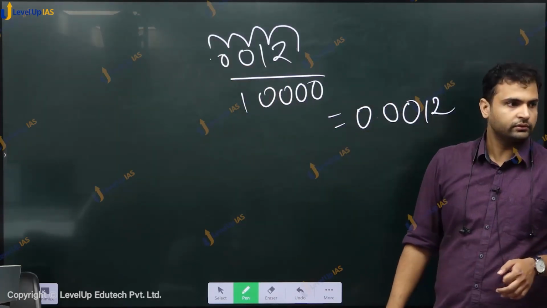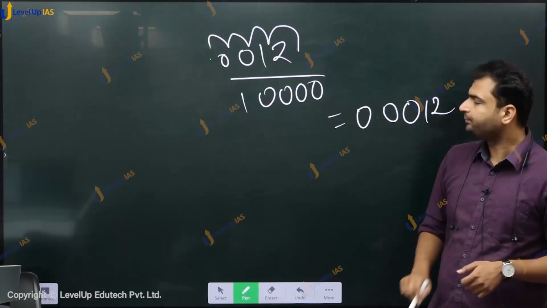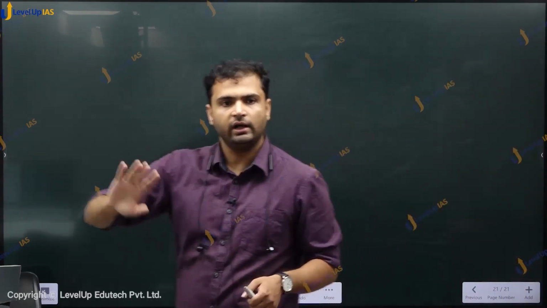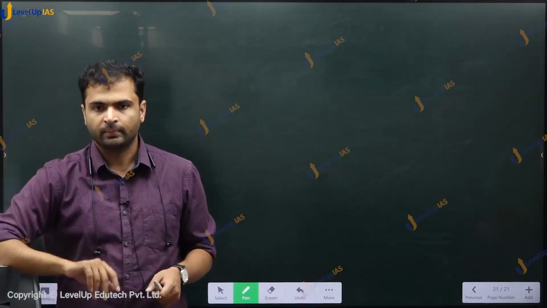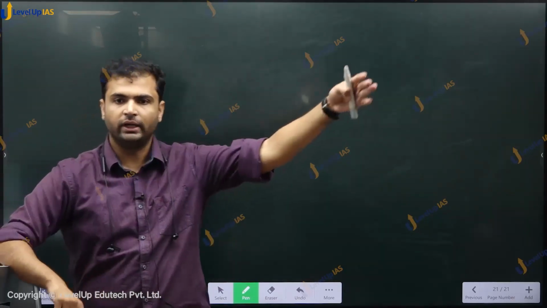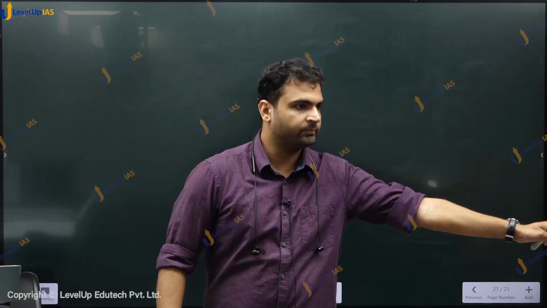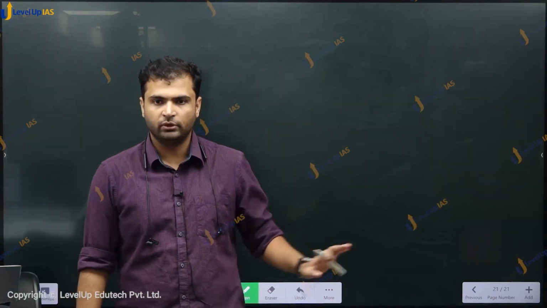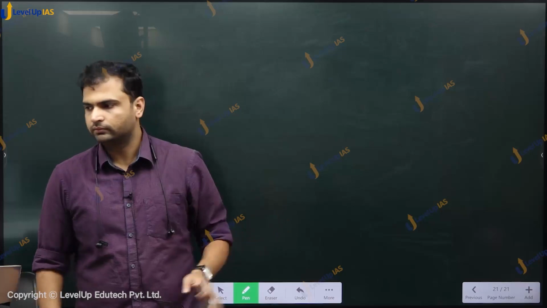Right? ठीक है. Division by 10, 100, 1000, 10,000, etc. Left जाना है decimal point को लेके. ठीक है. Any problem? Sham, any problem? No? Fine.